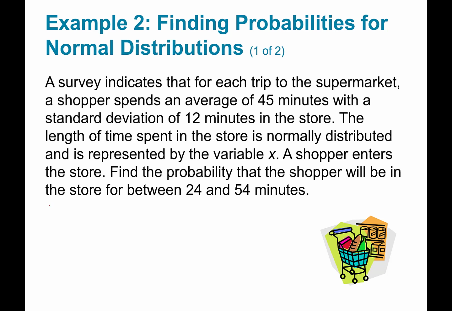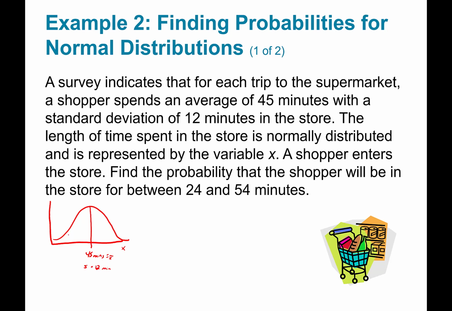So same idea. First step, you want to sketch out what this distribution looks like and to see what the area looks like. So in this case, we know that the mean is 45 minutes and standard deviation is equal to 12 minutes.